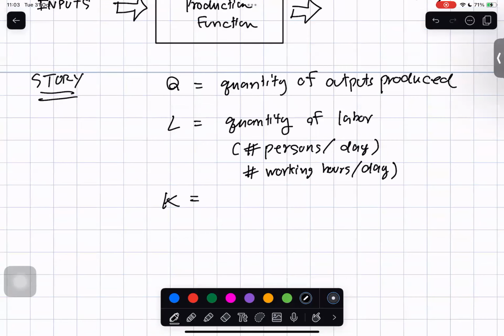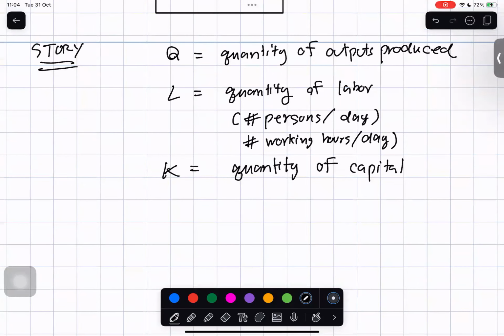K. Okay, K represents capital, or capital is quite broad, right? Quantity of capital.